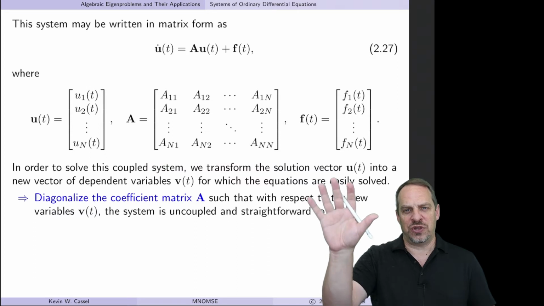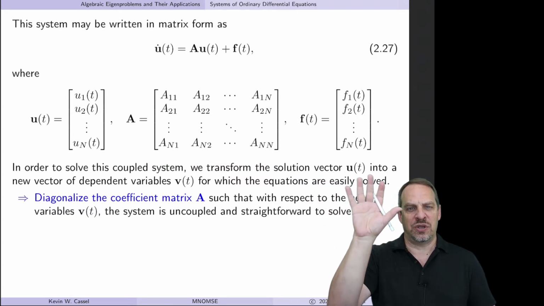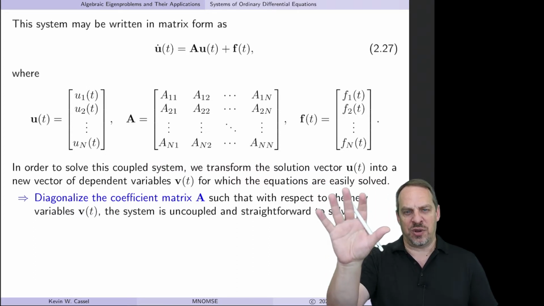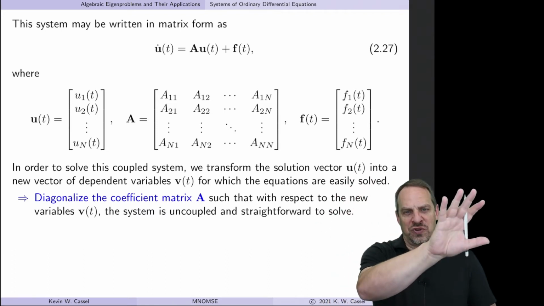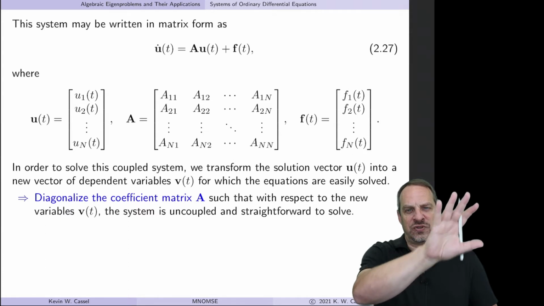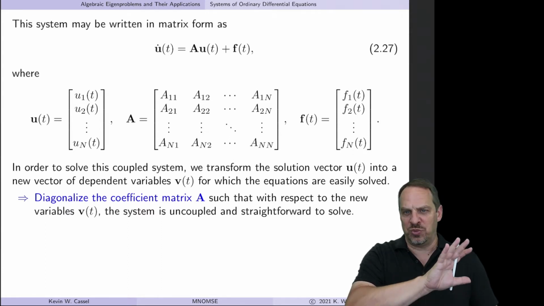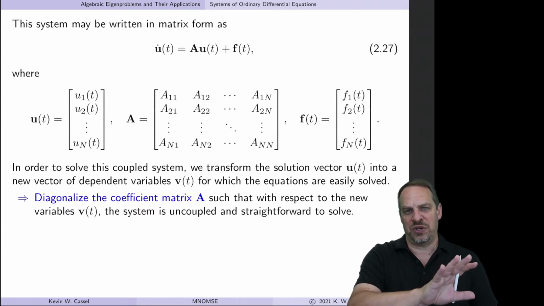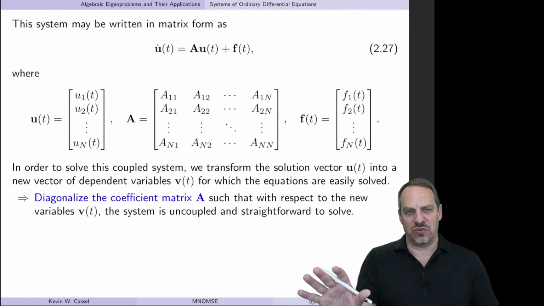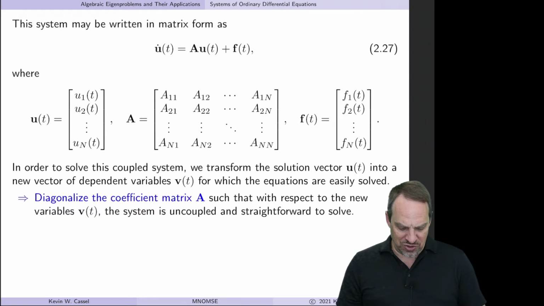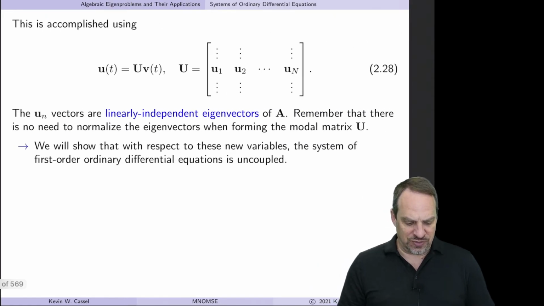So we're going to start with the u variables, with respect to which the problem is very complicated, fully coupled. We're going to uncouple through diagonalization in terms of a new set of variables v, solve the system in terms of v, which will be very straightforward because all the equations will be uncoupled, and then convert the system back to the original variables, the u's. So the way we do that is through this diagonalization.